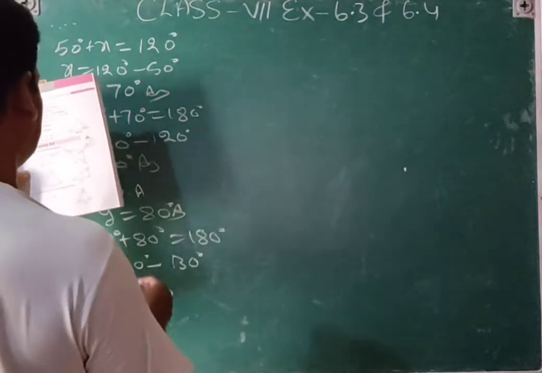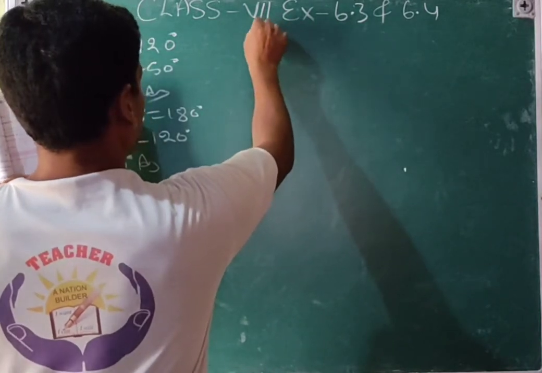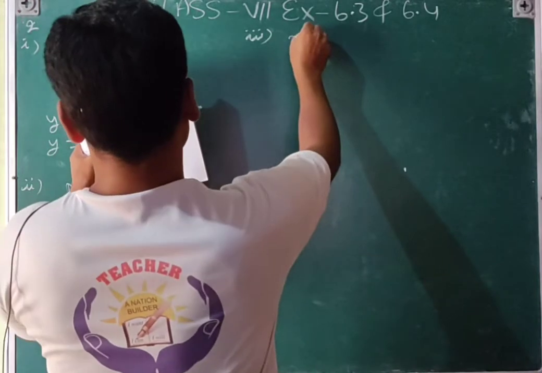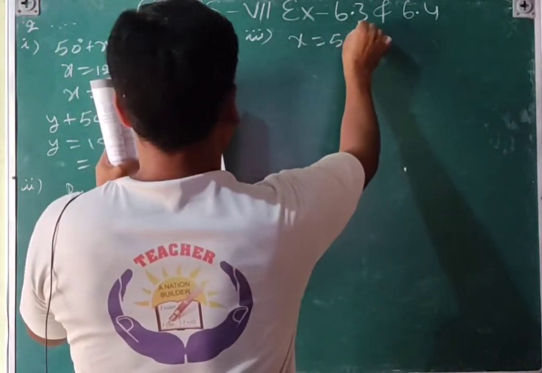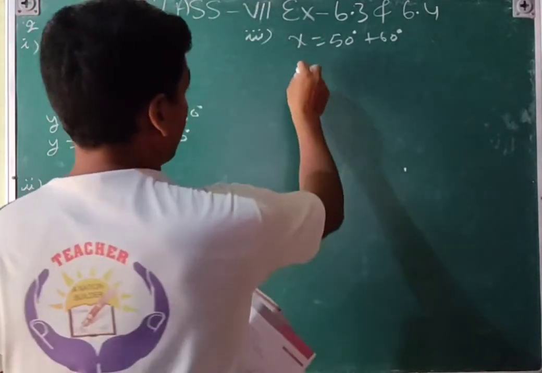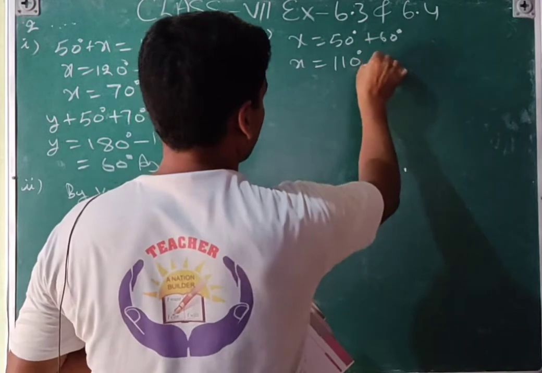Third will be: x is equal to 50 plus 60 degrees by the exterior angle property. So x is equal to 110 degrees.